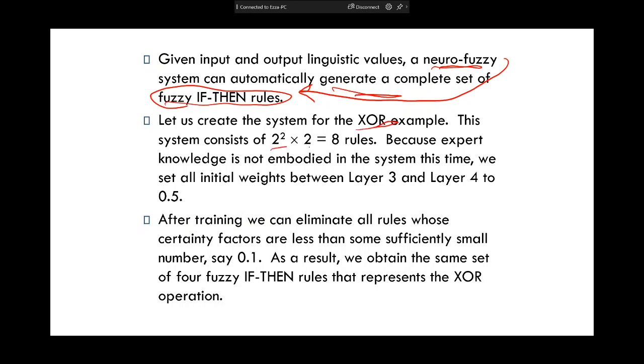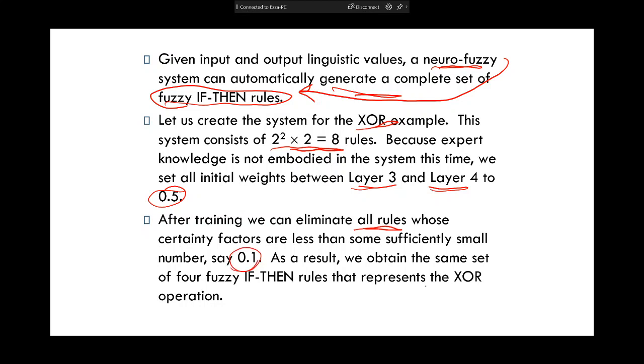This system will consist of 8 rules, because expert knowledge is not embodied in the system this time; we use the neuro-fuzzy system, where it learns by training. We set all initial weights between layers 3 and 4 to 0.5. After the training, we can eliminate all rules whose certainty factors are less than a sufficiently small number, for example 0.1.